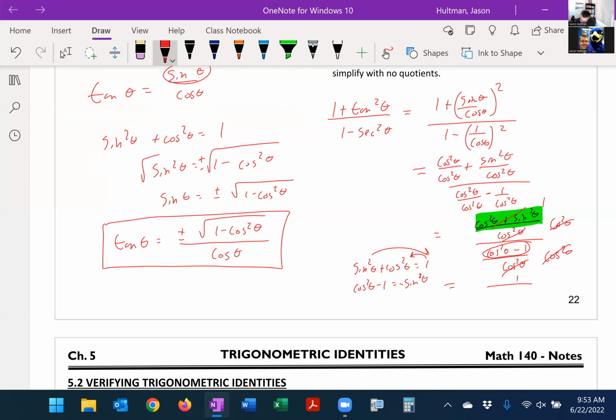So we can see that cosine squared theta minus 1 is equal to negative sine squared theta. And so then this just becomes negative cosecant squared theta, because 1 over sine is cosecant.